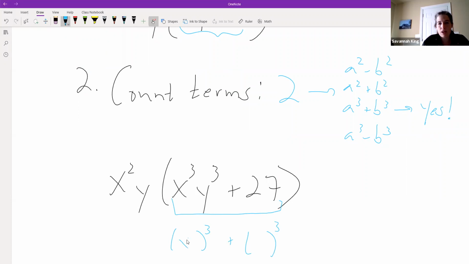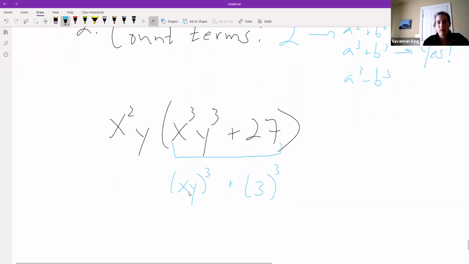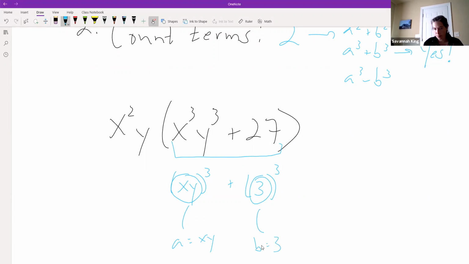A is just xy, because xy to the 3rd power is the same thing as x to the 3rd y to the 3rd. There's an exponent rule from way back in the dark ages that told us that that's true. And then 27 is just 3 cubed. So we can say that reaching inside here, a is a quantity, it's xy, and b is just this number 3.